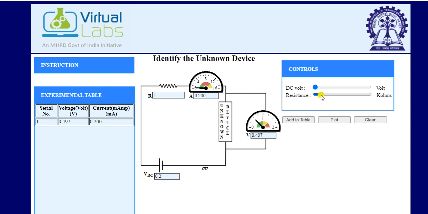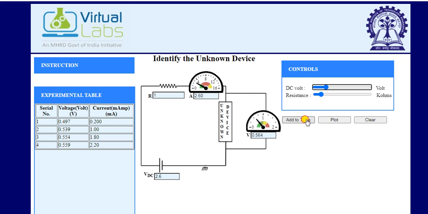Then again change the value of voltage and add it to the experimental table. Take at least 10 values for a smooth graph between current and voltage.